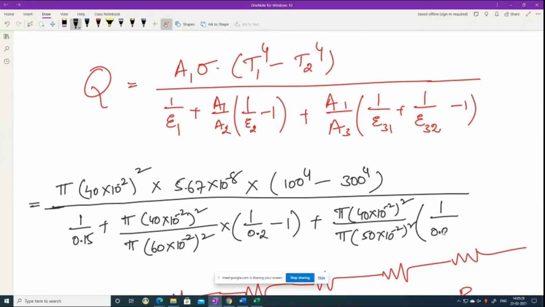On both sides it's given as 0.05 in the question, so 1 by 0.05. This is the expression simply.